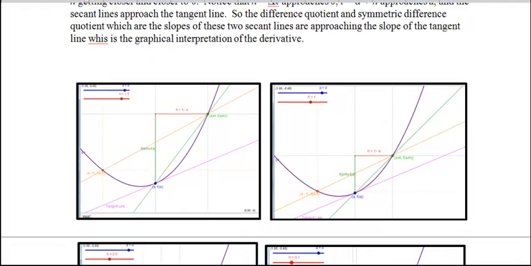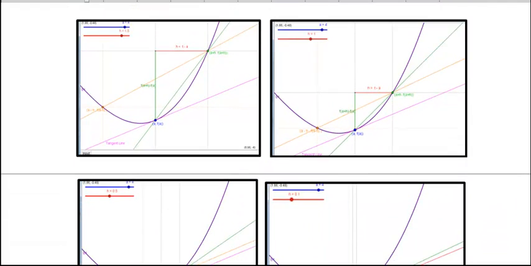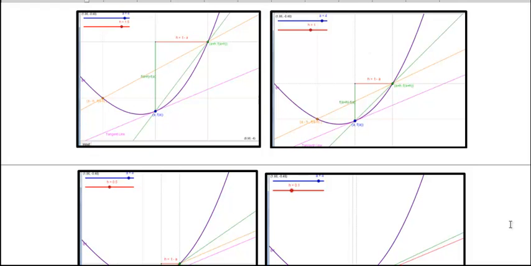We'll see this a little bit better in the next video when we look at this dynamically, but here's a series of static pictures, and here it is with a larger h, and you can see these three lines have different slopes, although the slope of the orange one is closer to the slope of the pink than the green is.